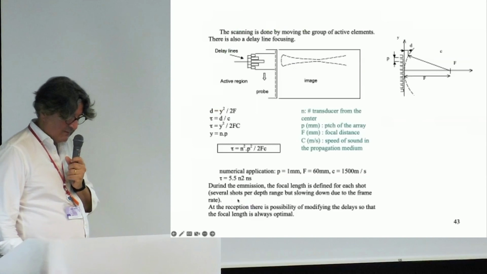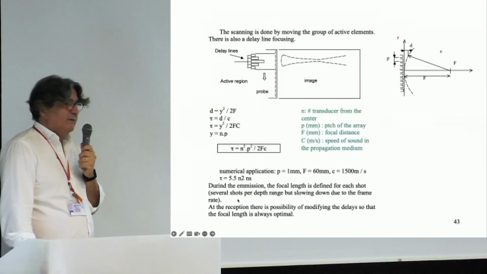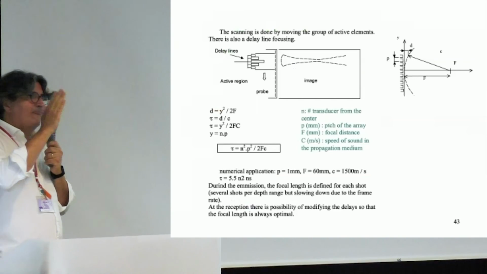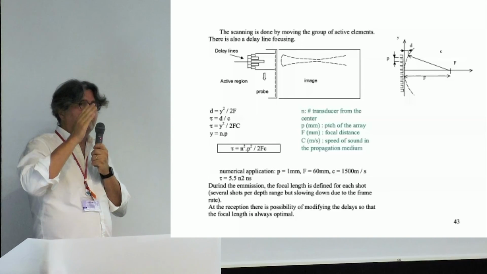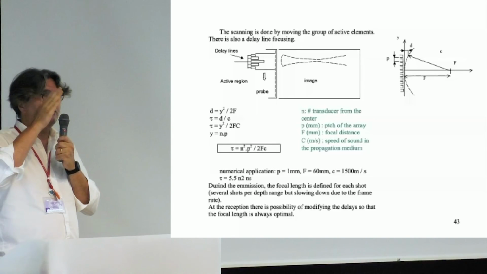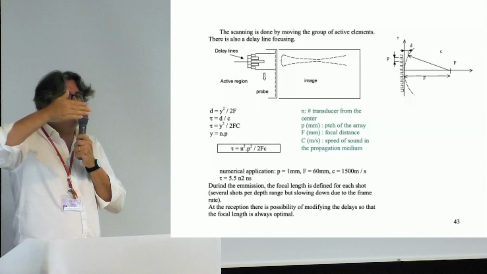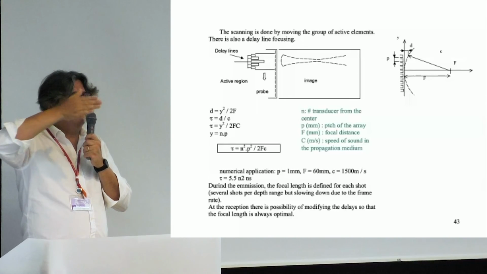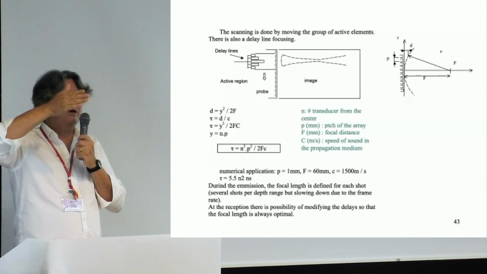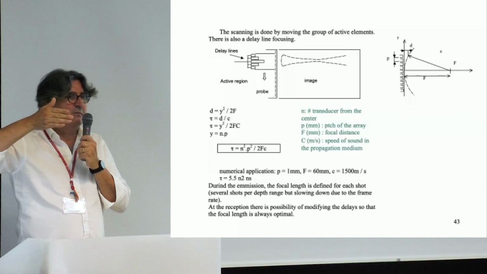Just a remark. Let's say we are operating at 1 megahertz. 1 megahertz corresponds to 1 microsecond. And typically we want to propagate over a few centimeters. So the typical range of an ultrasonic signal is between, let's say, 0 and 100 microseconds, maybe 1 millisecond maximum.